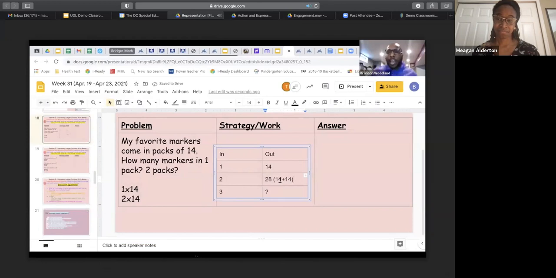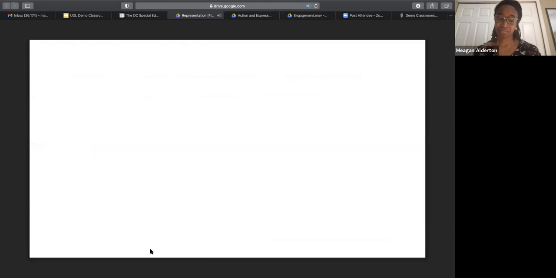Is there anything else, Siham, I can do in order to find out 28? He did repeated addition with 14 plus 14. You can now do 14 times 2. Great job. 2 times 14. Excellent. Perfect.